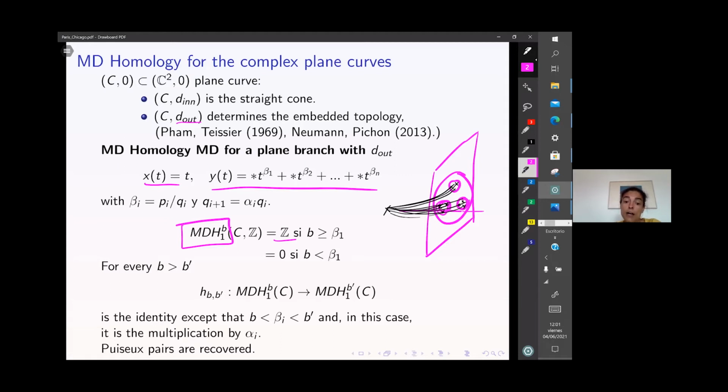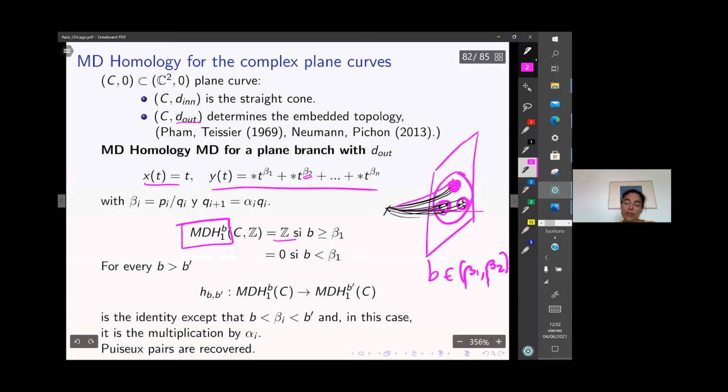And when you take b smaller and you pass this, for example, b between b1 and b2, then you are identifying the corresponding step in this iteration.